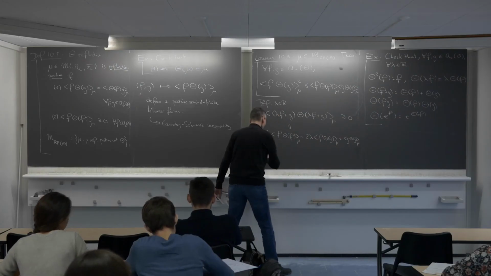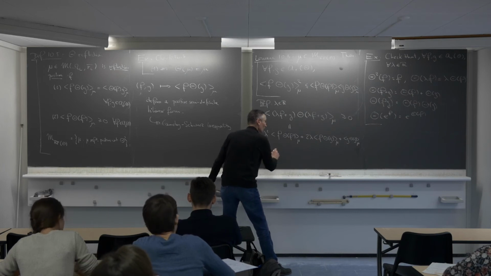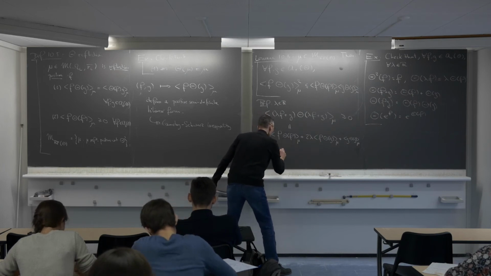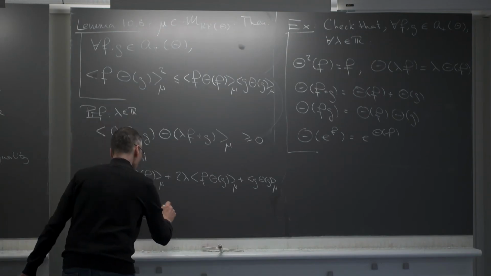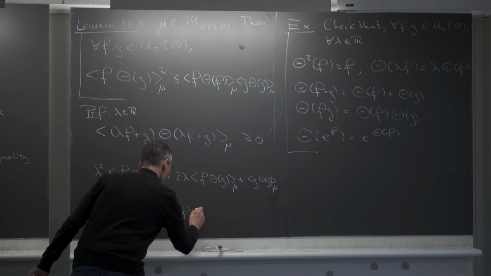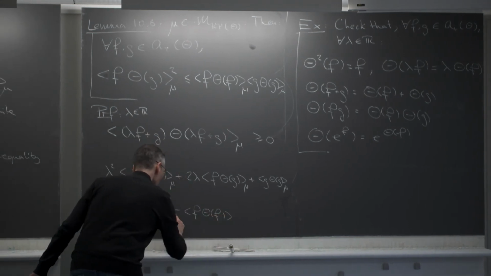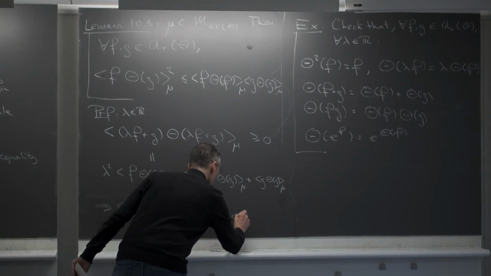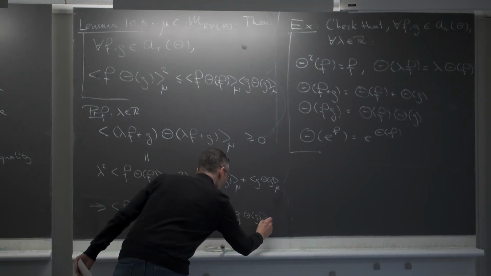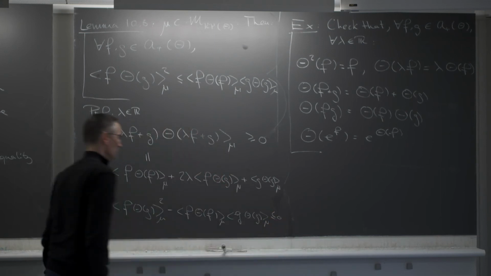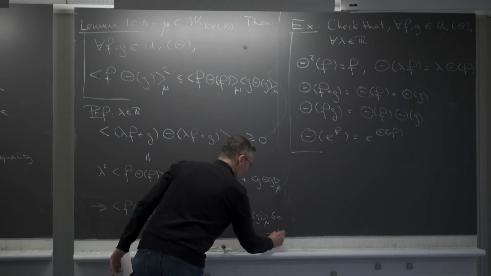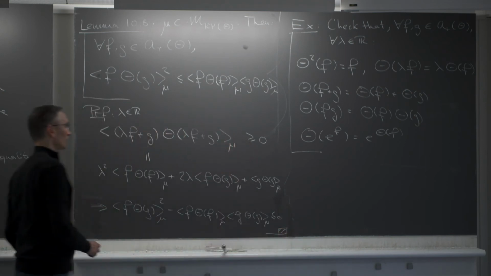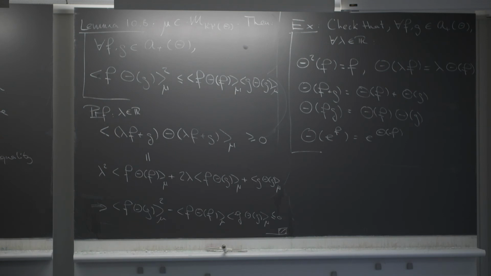Writing the discriminant, dividing by 2, you get mu of f theta g squared minus mu of f theta f times mu of g theta g has to be smaller or equal to 0, and this is exactly the statement. So nothing special here, it's really just the usual Cauchy-Schwarz.